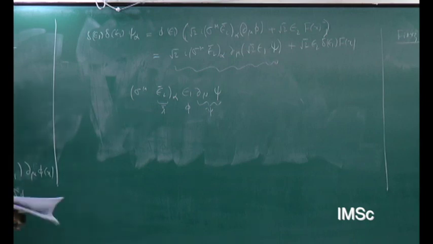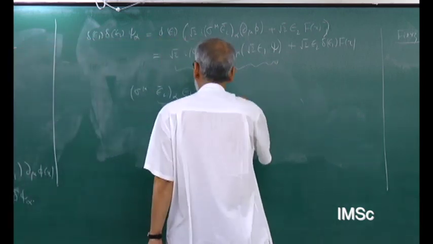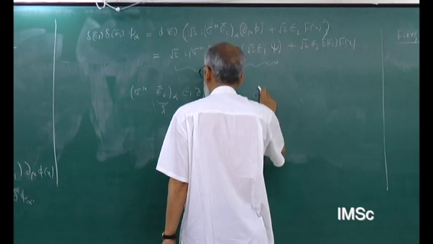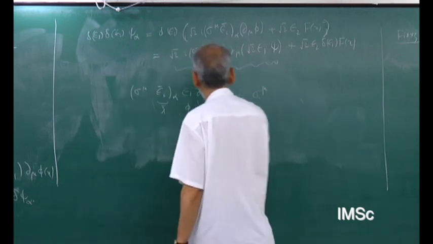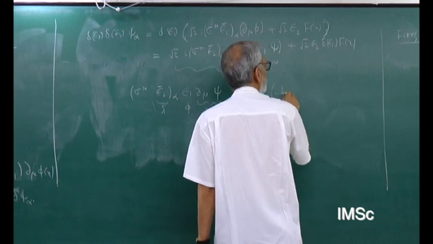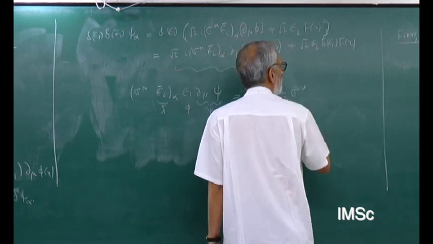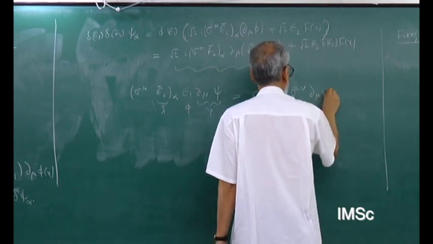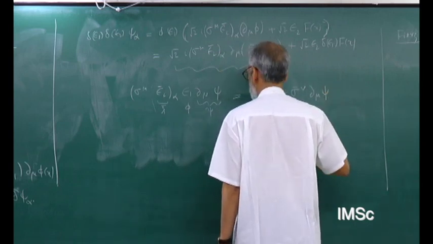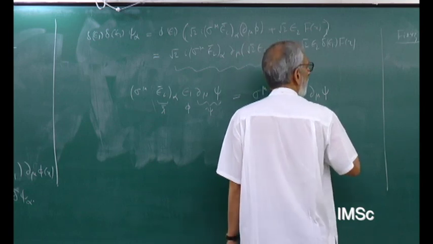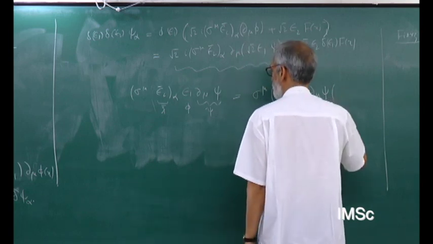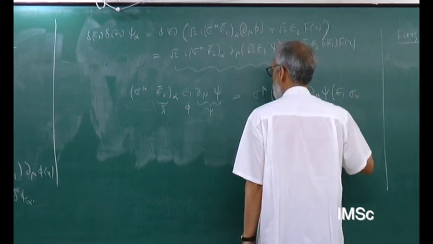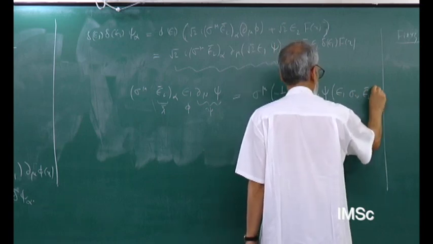Just renaming and use that identity for this portion. So this is sigma mu outside and then minus half sigma bar nu, and psi is d mu psi, and phi is epsilon 1 sigma nu epsilon 2 bar.